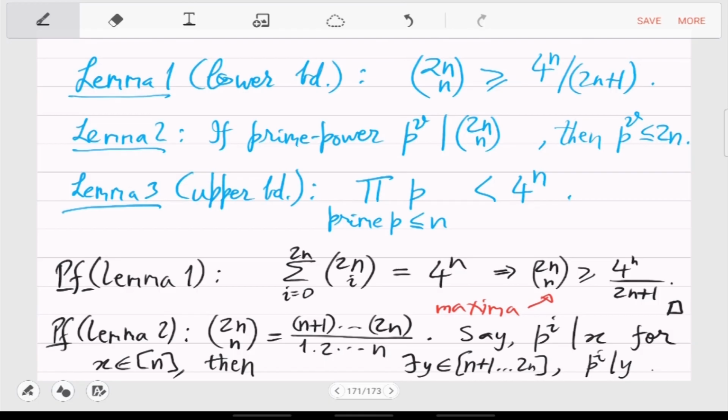Basically, any power that divides x, where x is in the lower half, 1 to n. So we have the lower half 1 to n, we have the upper half n plus 1 to 2n. Anything that divides a lower half number x will also divide something in the numerator, so they will get cancelled.